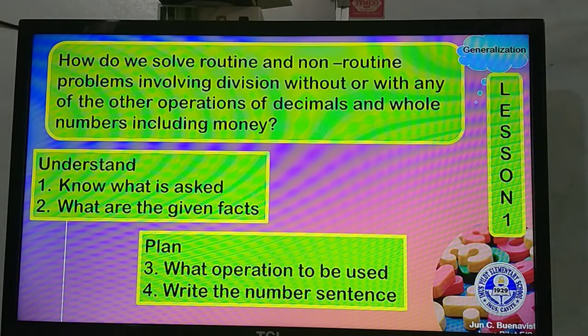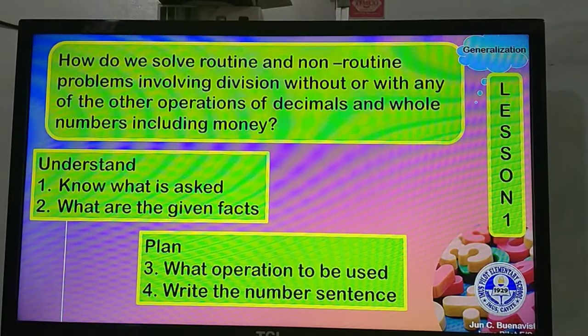Then after you understand, you are going to plan. How do you plan to solve the problem? Step 3, what operation is to be used? You are going to determine which operation or operations you are going to use, by looking at the clue words found in your problem. And sometimes, if it is a non-routine word problem, you can find a hidden question and a hidden given.